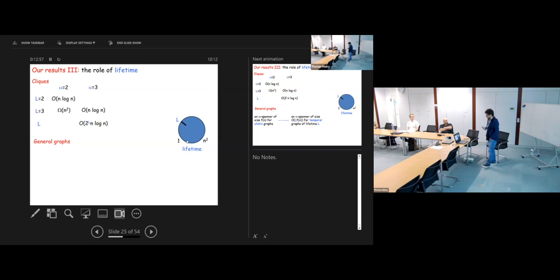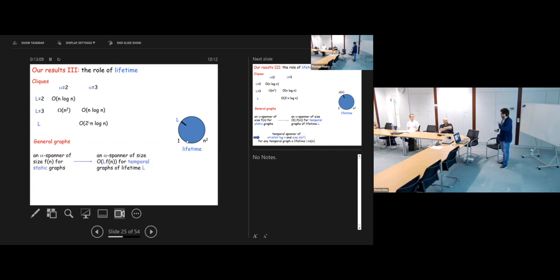We also have a simple construction for general graphs that somehow links the static world to the temporal one. It claims the following: if you have an alpha spanner of a given size for static graphs, you can use this upper bound to build an alpha spanner for temporal graphs with lifetime L, having size the same size times the lifetime.